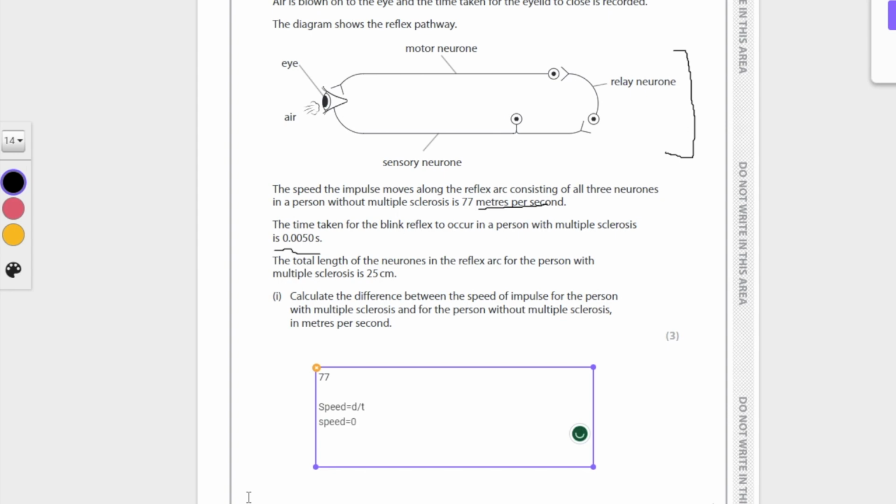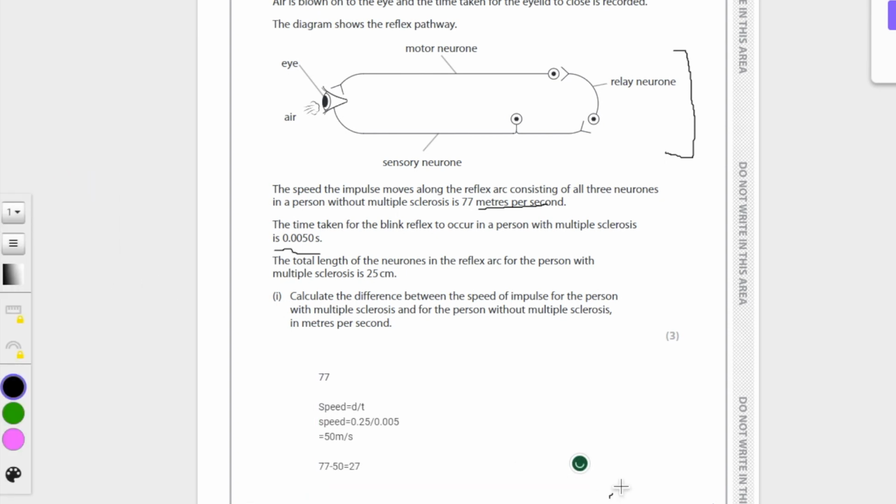So 25 centimeters is 0.25 meters, divided by our time of 0.005 seconds. That gives us 0.25 divided by 0.005, which is around 50 meters per second. Now it wants the difference, so 77 minus 50 equals 27. So our final answer for this question is 27 meters per second.